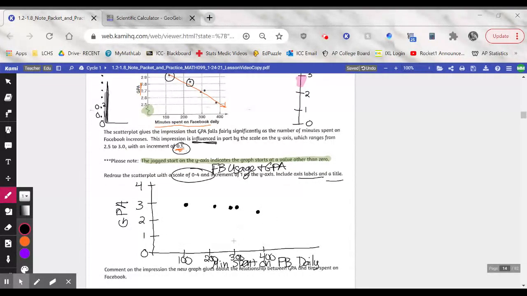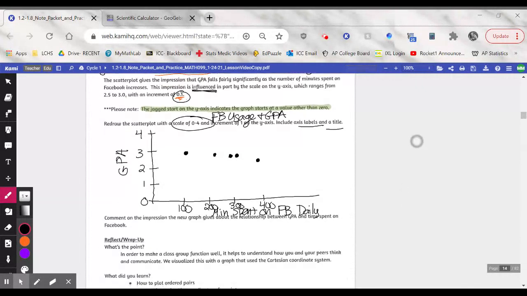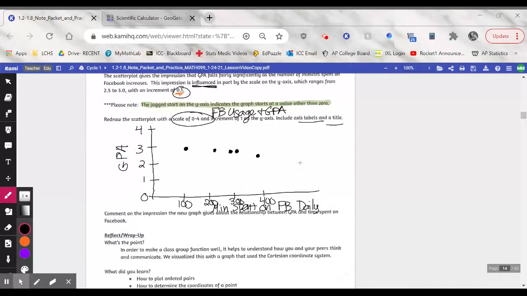Okay. Now, what we want to do then is look at this graph and try to take away any bias that we have from looking at the previous one. So let's comment on the impression the new graph gives us about the relationship between GPA and time spent on Facebook. Well, if we read this from left to right, we can see that the amount of minutes spent on Facebook daily is increasing, but the steepness of the line here is not really that dramatic.